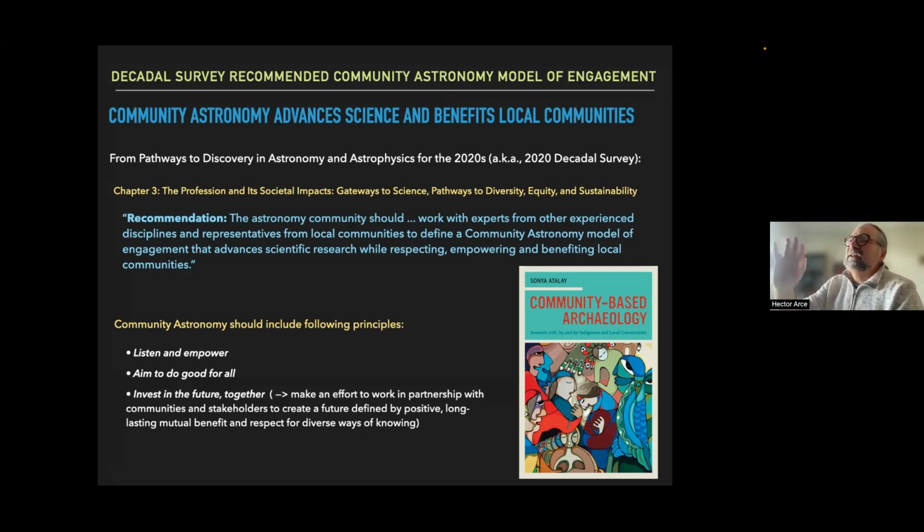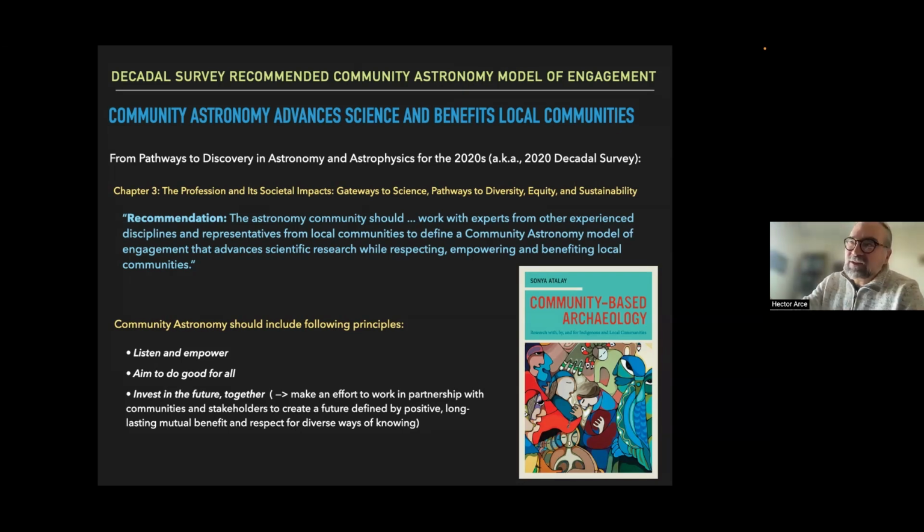But among the different chapters in the decadal survey, in addition to the research and the instruments that should be built, there was a chapter on the profession and its societal impacts. It talked about sustainability, the impact on the environment, and diversity in the field.